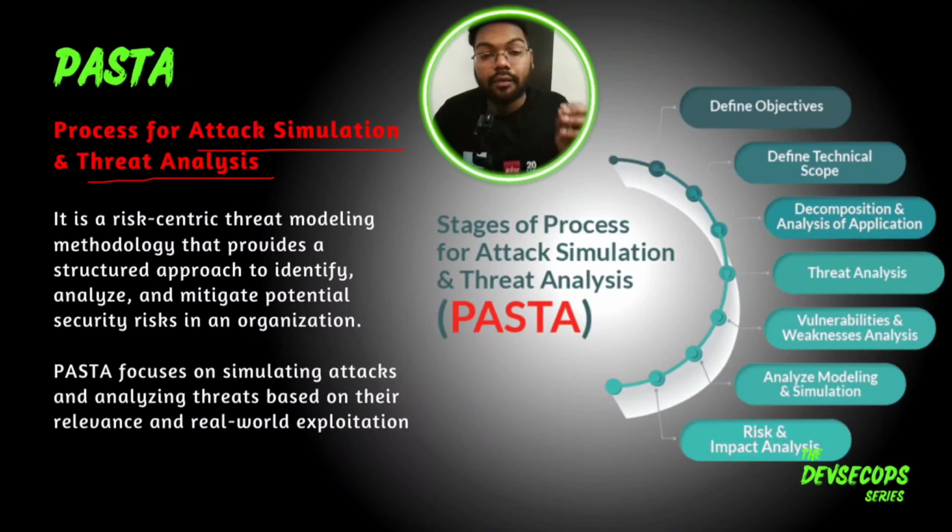If that is known, now you can use this PASTA framework to map out a process for attacking. Okay, you can attack your known vulnerabilities, and you can do some threat analysis on them. That is why it is called attack simulation and threat analysis.